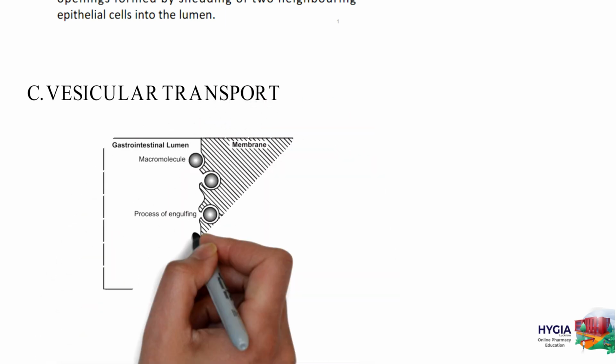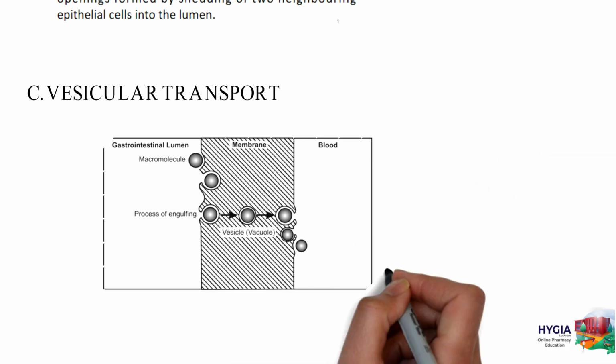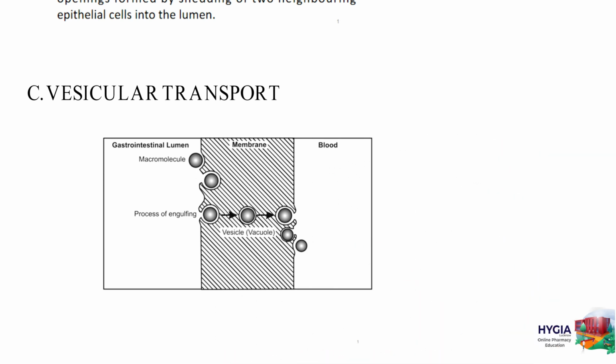Now vesicular transport mechanism. If the drug is a macromolecule, of larger size, vesicular transport mechanism comes into light. In vesicular transport mechanism, the plasma membrane, or we can say the phospholipid cell membrane, will capture or engulf the drug in a vesicle formed by the plasma membrane. This engulfment is known as endocytosis.